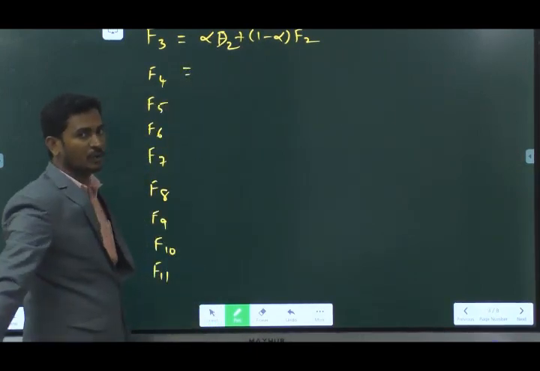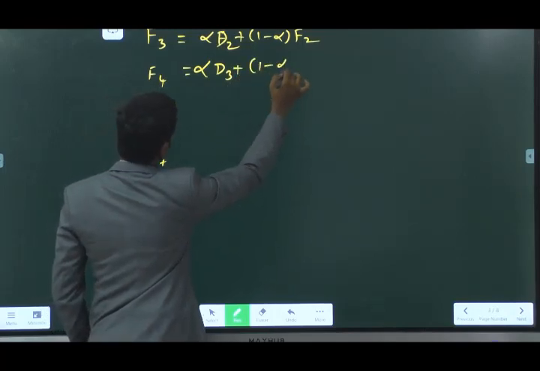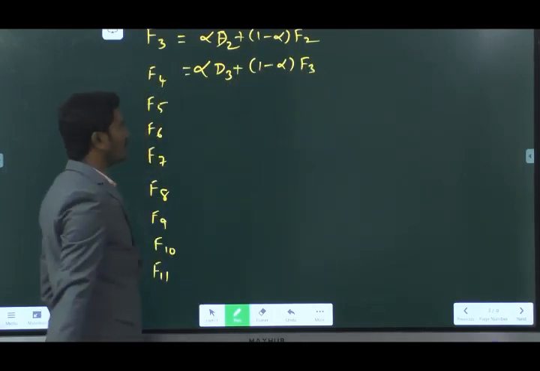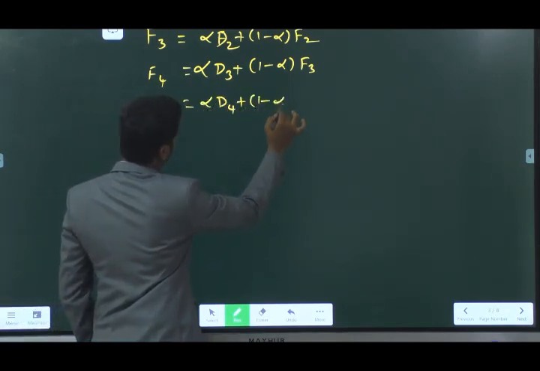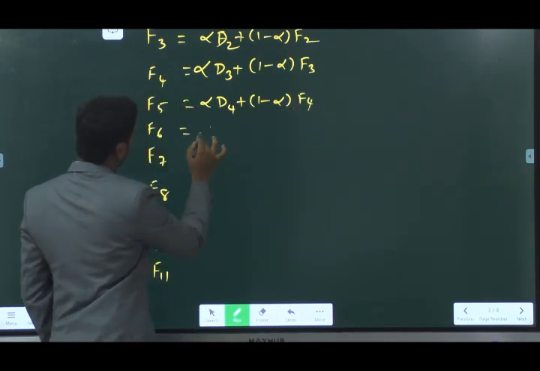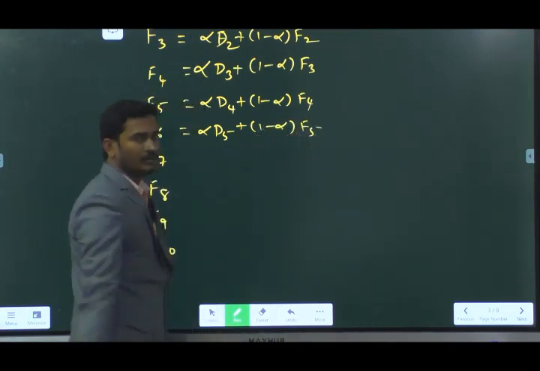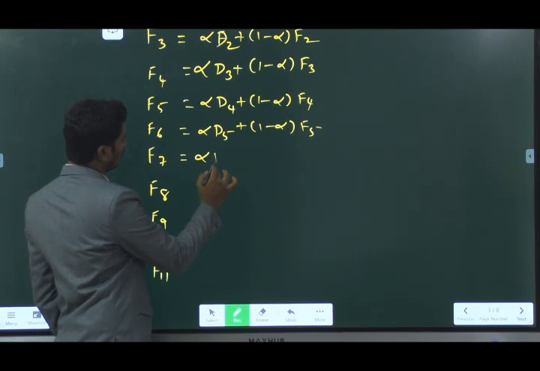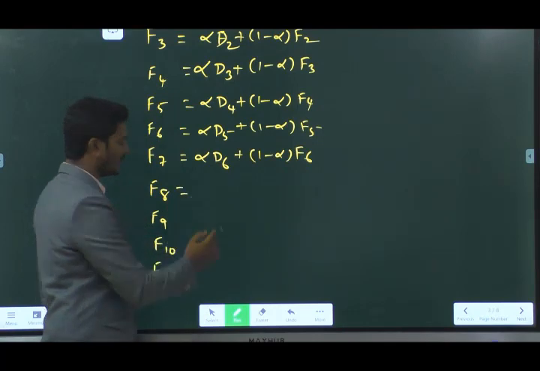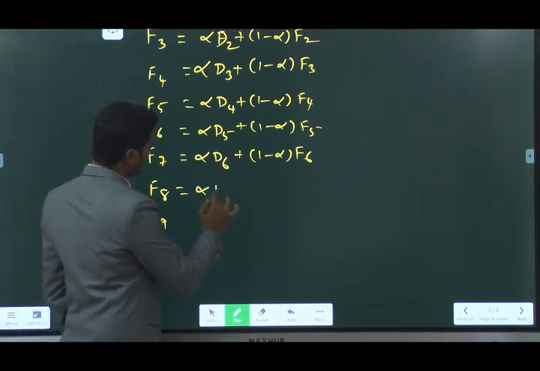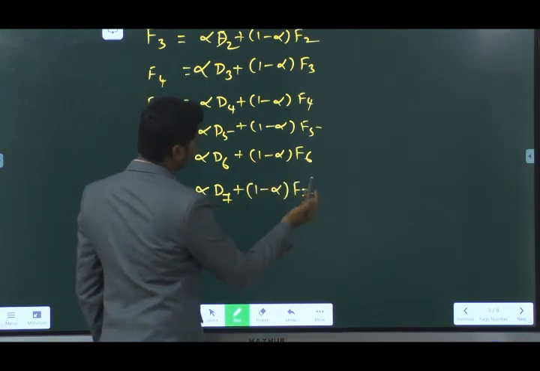F4 is alpha times D3, the demand of the third month, plus (1 minus alpha) times F3. Similarly, F5 is alpha D4 plus (1 minus alpha) F4, F6 is alpha D5 plus (1 minus alpha) F5, F7 is alpha D6 plus (1 minus alpha) F6, and F8 is alpha D7 plus (1 minus alpha) F7.